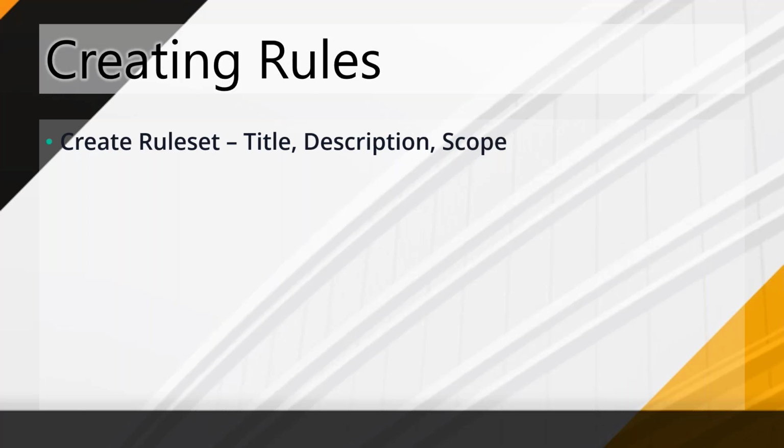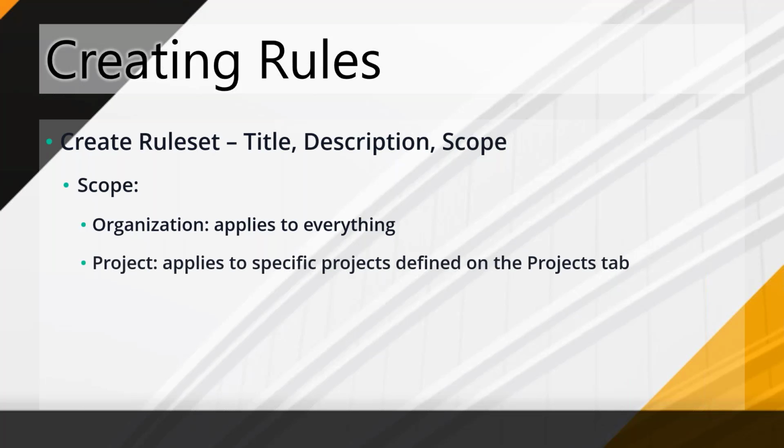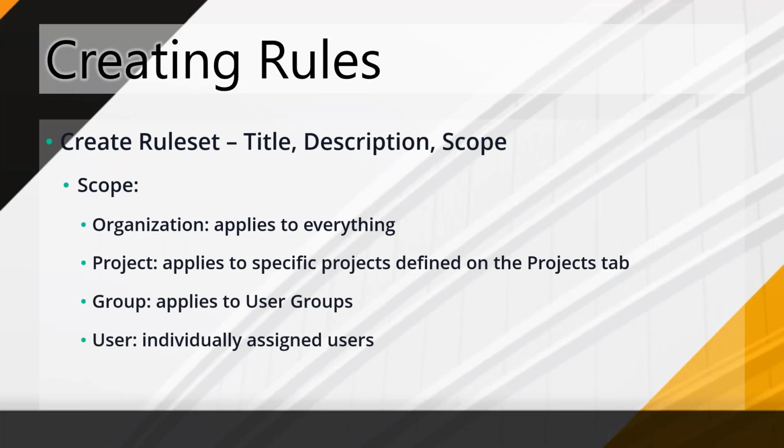So with the creation of a rule set, there's 3 key pieces that you need. You need a title, description, and the scope, right? And then depending on the scope, there's certain things that you need to fill out. The scope is what the rules apply to. Is it to the organization, which is everyone?